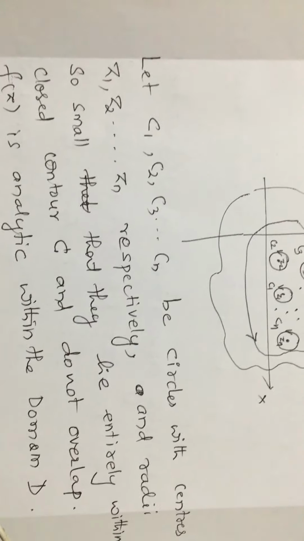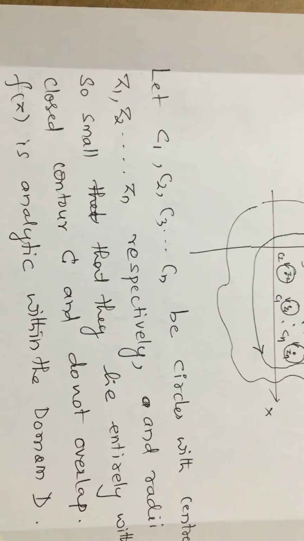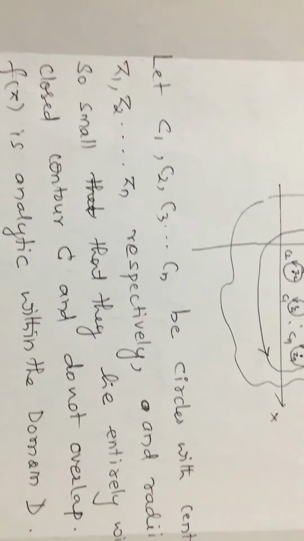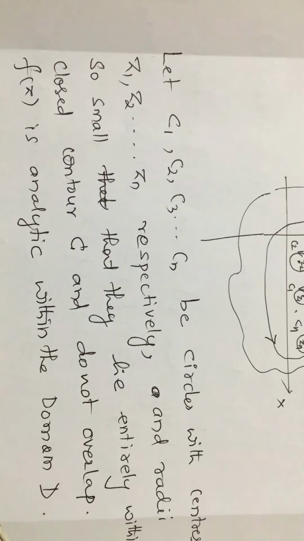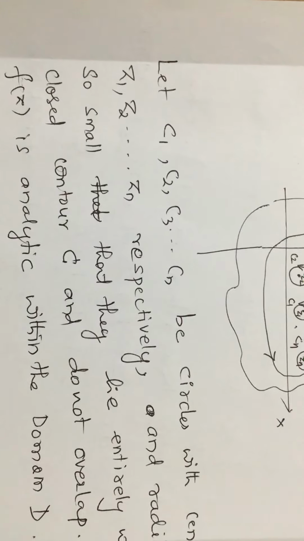Let us describe this picture. Let C1, C2, C3, ..., Cn be circles with centers z1, z2, ..., zn respectively.